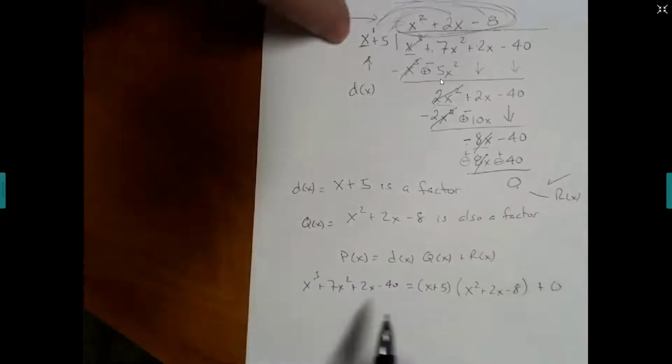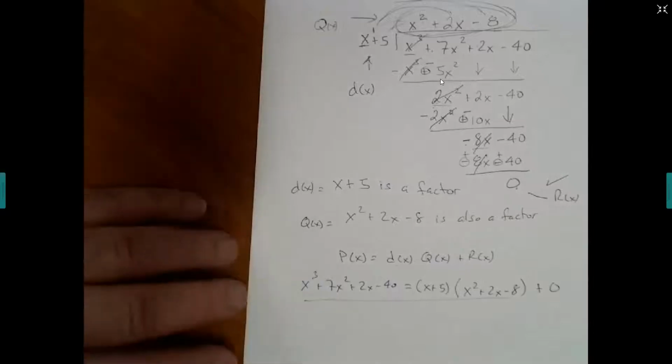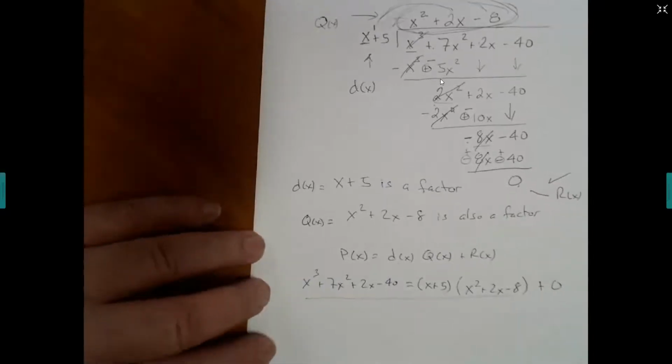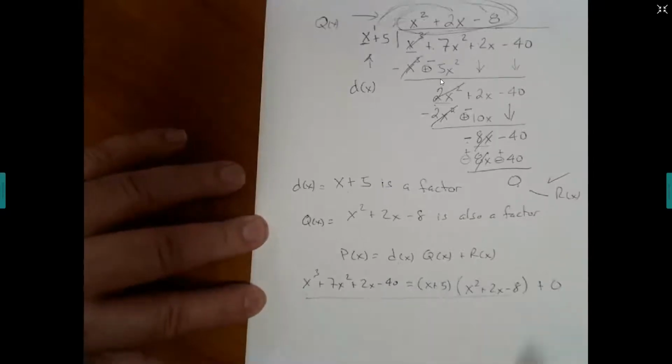So it just really equals that. All right, so the next two problems are going to ask us to put it into this format. I'll just give you a heads up on it.